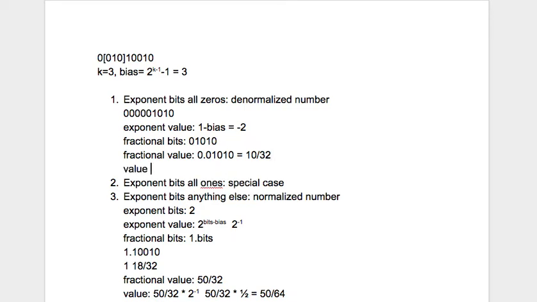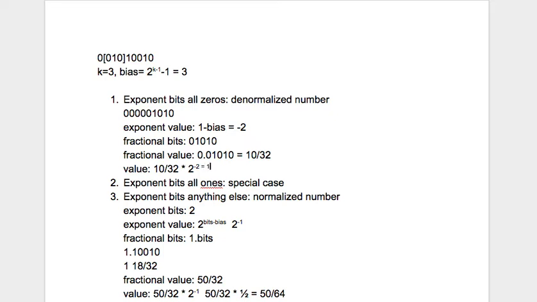So my overall value is going to be, let's see, I check the sign bit again. This is positive. So it's positive 10 over 32 times 2 to the negative 2, because that was what our exponent value was for all denormalized numbers with 3 exponent bits. It's always going to be 2 to the negative 2.